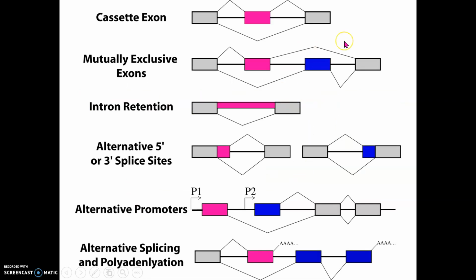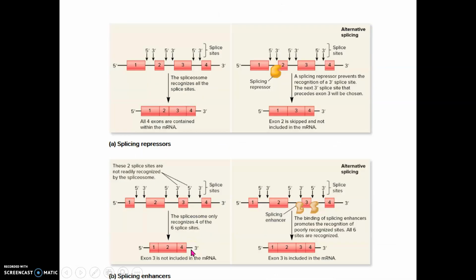So these are some other ways that alternative splicing can be included. So the cassette exon included or not, include one and not the other, keep the intron in, have alternative 5', so this won't be this big, that won't be that big, alternative promoters, so this starts here or this one is here, and then alternative splicing and polyadenylation.